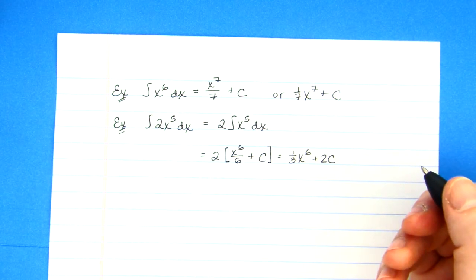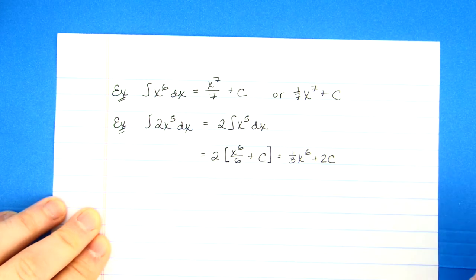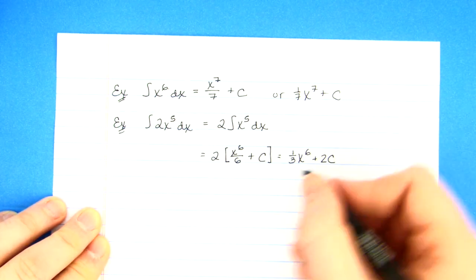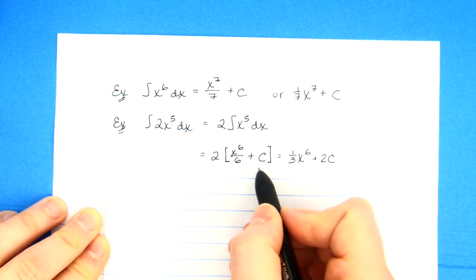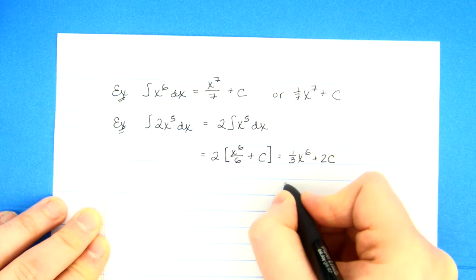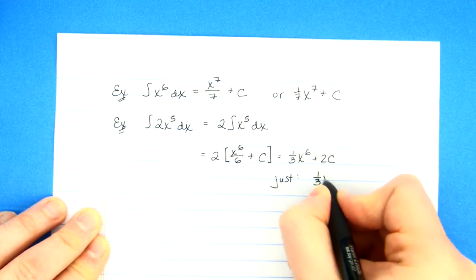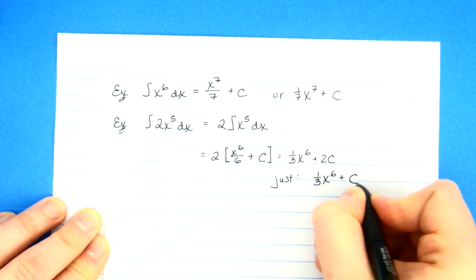But here's the deal. What is 2 times a constant? It's still just a constant. It's a different constant, but I don't really care about that. I'm not going to have to keep track for right now of what exactly I'm doing to my constant. So rather than this, how about we just say our answer is 1/3 x to the 6th plus some constant.